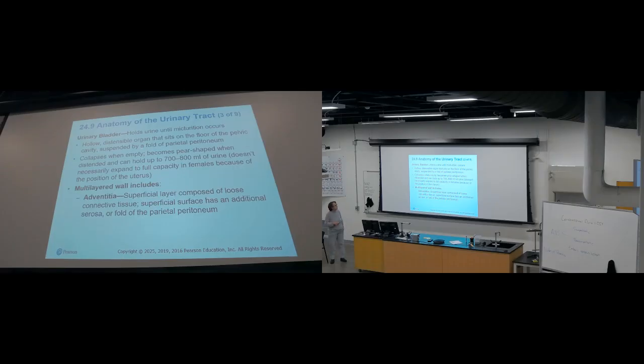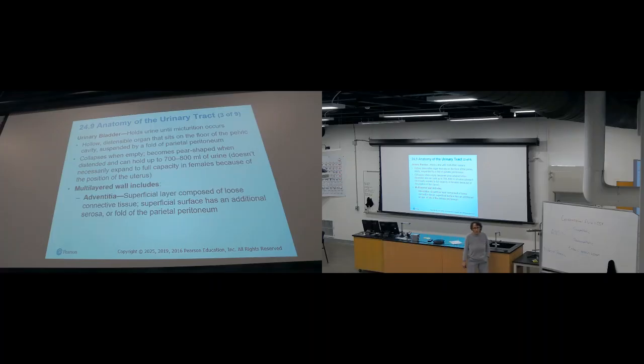When it is empty, it collapses, and then becomes pear-shaped when it's distended. It says here that it can hold between 700 to 800 milliliters of urine. I guess it can hold more, sometimes like 1 liter or so of urine.